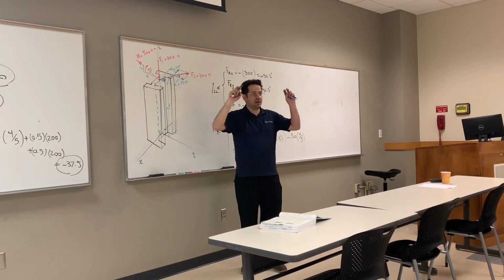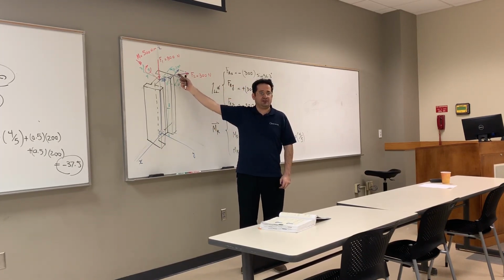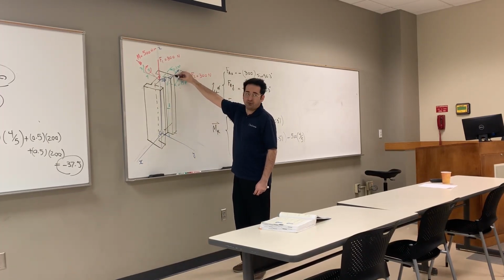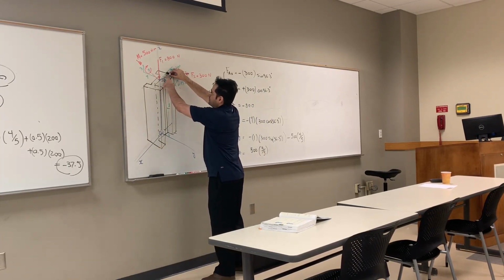3-step procedure. We have already done the first step: break it down, decompose it. Step 2, move it. Where should I move it? All the way back here. So what's the moment arm?